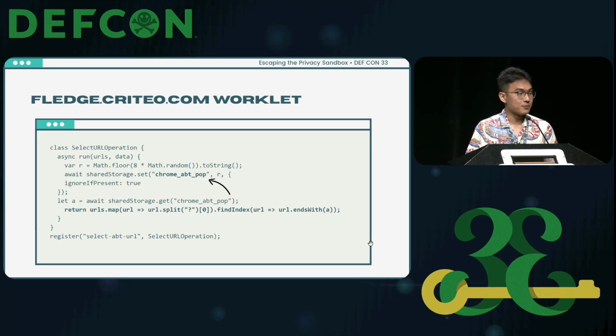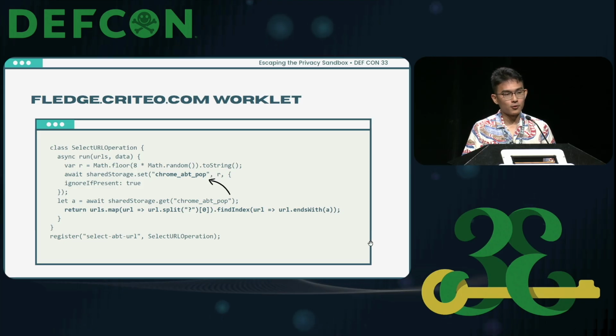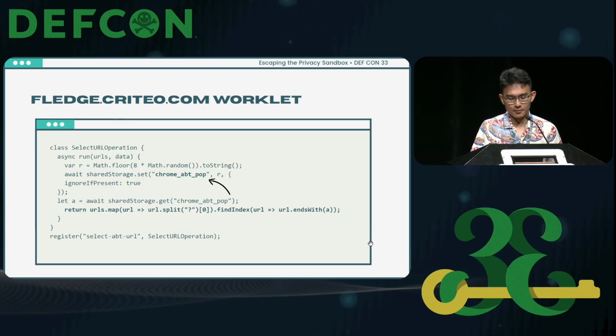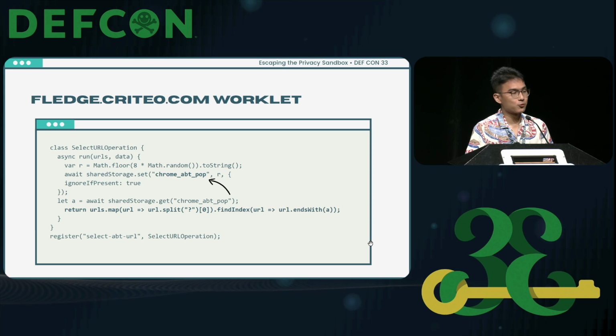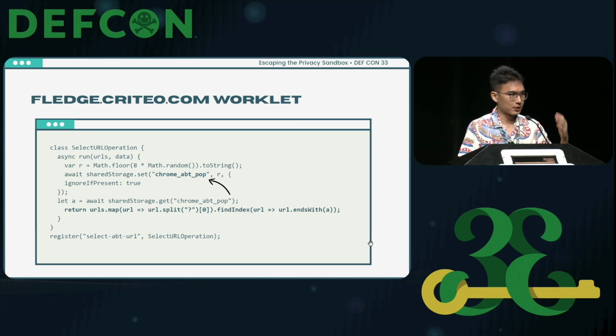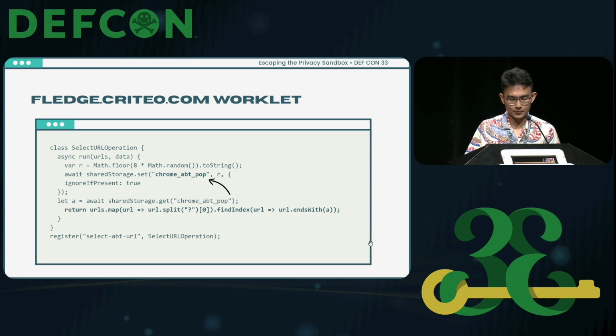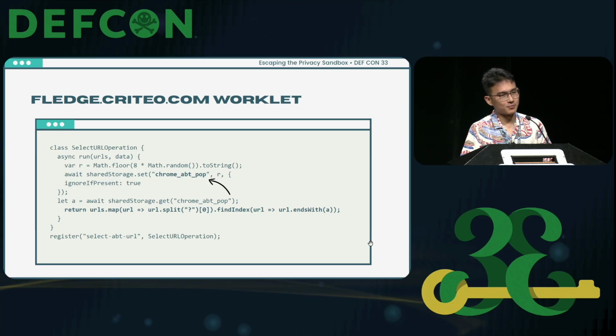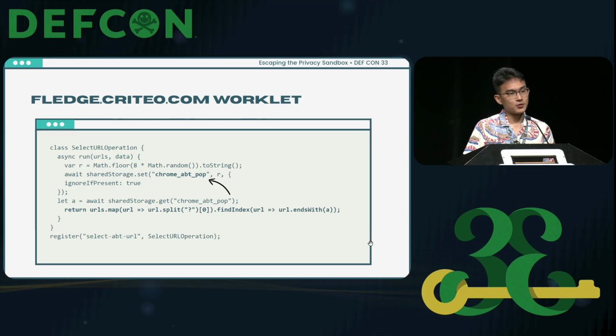Later on, this would then be used to select a URL that will be the advertising URL that will be displayed to that user, simply by performing an ends-with string match with the list of URLs passed to this function. Now you can see why this is probably an issue, because you're not actually supposed to know, firstly, what population this person is supposed to do, but you can infer that based on the URL that was matched.